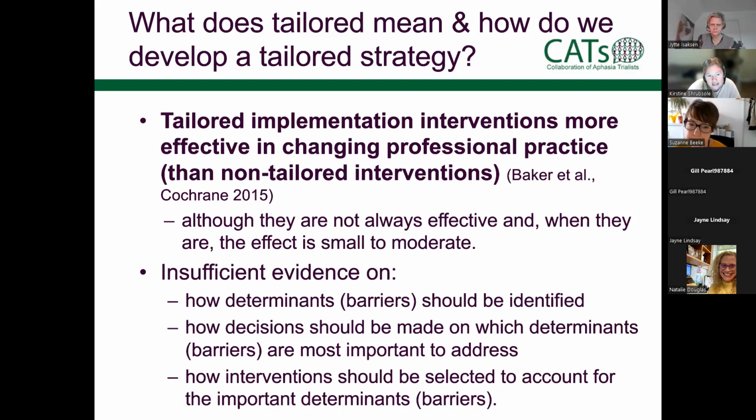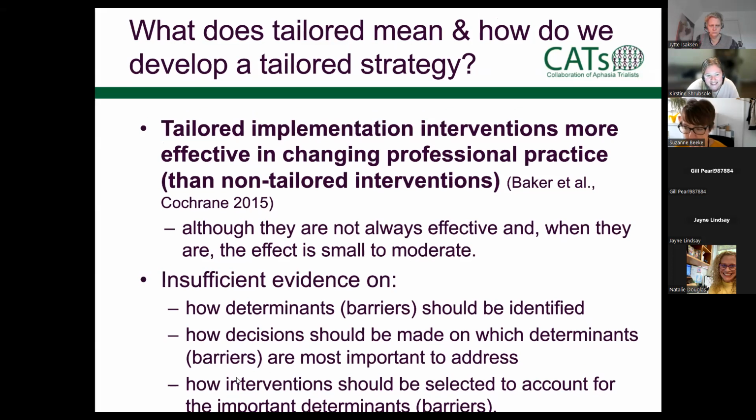So unfortunately for us, and this is what we're all working on in our implementation science group and those of us involved in this area, there's not a lot of evidence on the best way to do all of this. So we don't know how, or we do know how, there's lots of different ways, but there's not really consensus on the best way or the most effective way to determine what these barriers are.